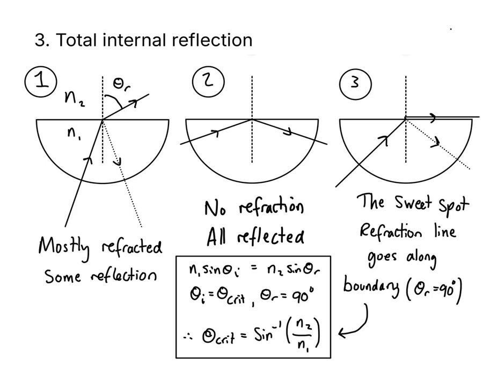Now for something that only happens going the other way, from a dense medium towards a less dense one. As you increase the angle, more and more of the light reflects back inside, and at a certain angle, called the critical angle, all of it reflects internally, either by reflecting at the same angle or being refracted along the boundary.